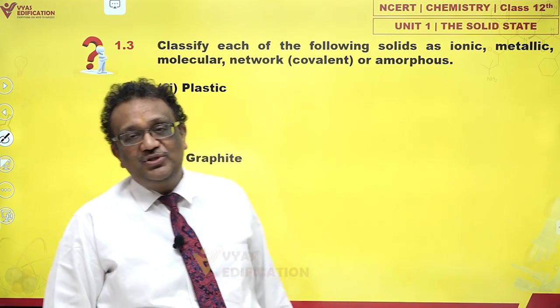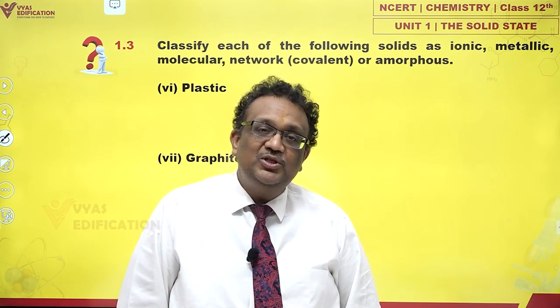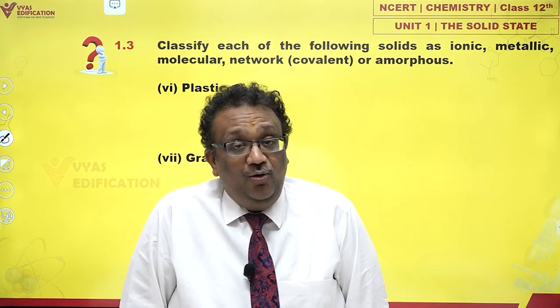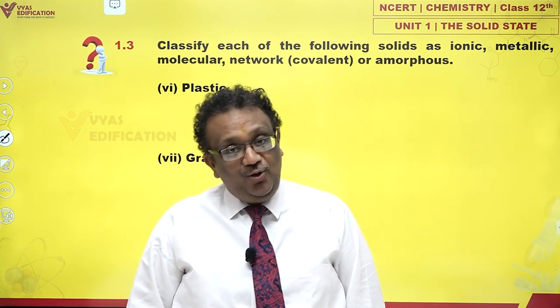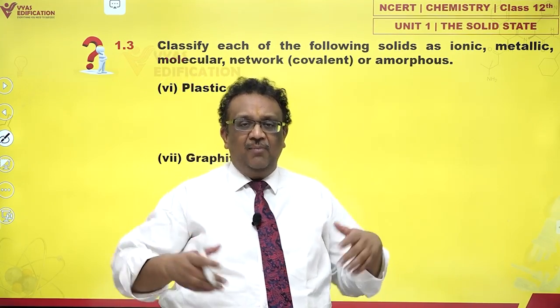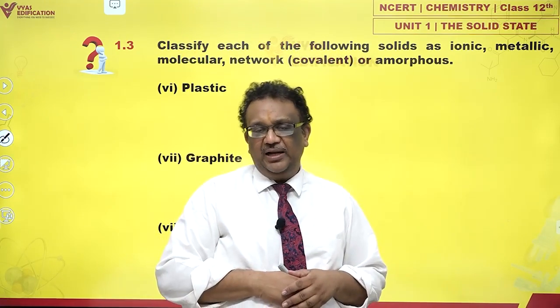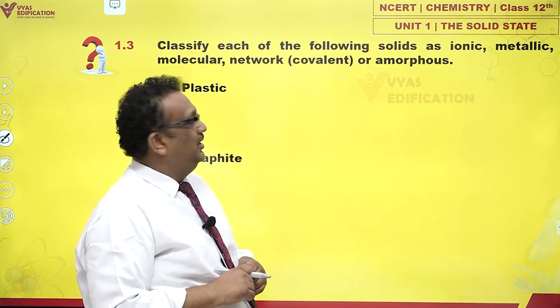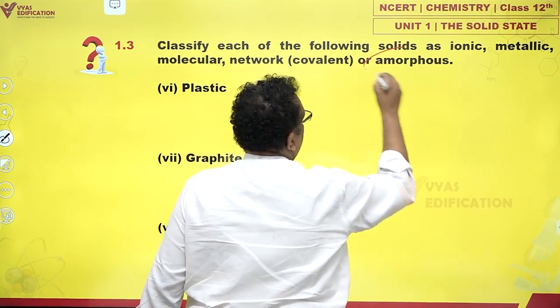Now, NCERT would say plastic is amorphous. If you Google this and read more about this, you would discover that now even crystalline plastics are available. So there are 2 types of plastics, crystalline and amorphous, but usually, the old answer is that they are amorphous, and NCERT is really an ancient book like dinosaurs, so they just talk about amorphous. So this would be amorphous.